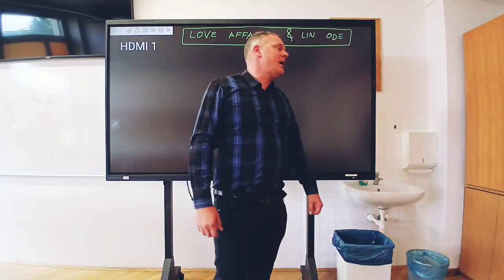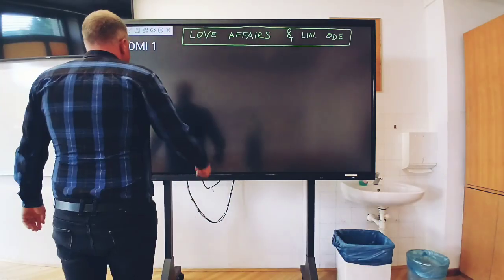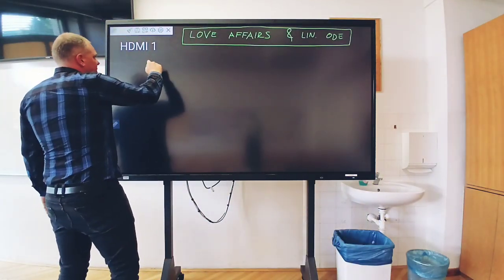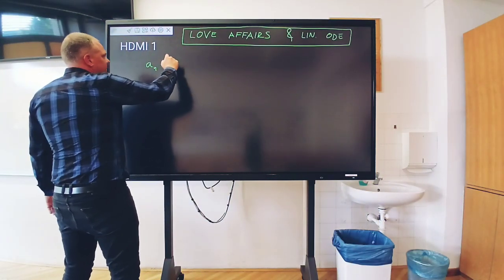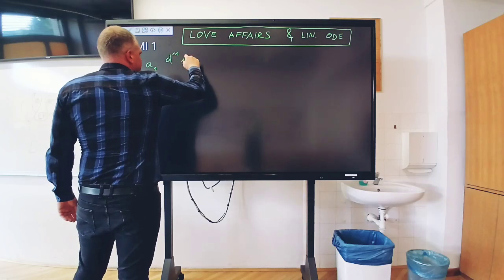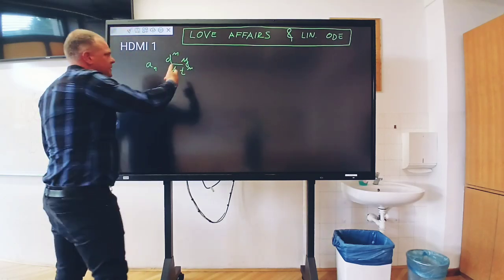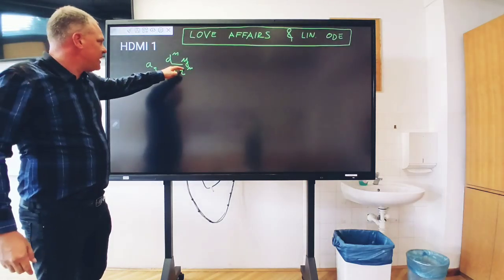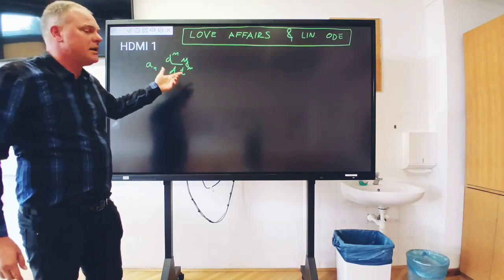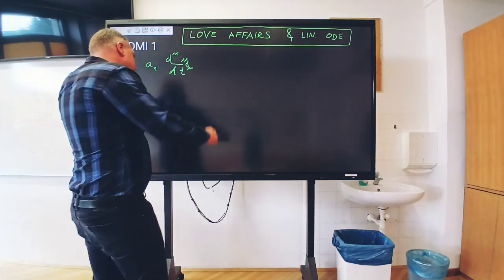First we have an ordinary equation of, say, nth order, and it looks like this. We chose y here and t as a parameter, but we could also use x as a parameter. It doesn't matter.